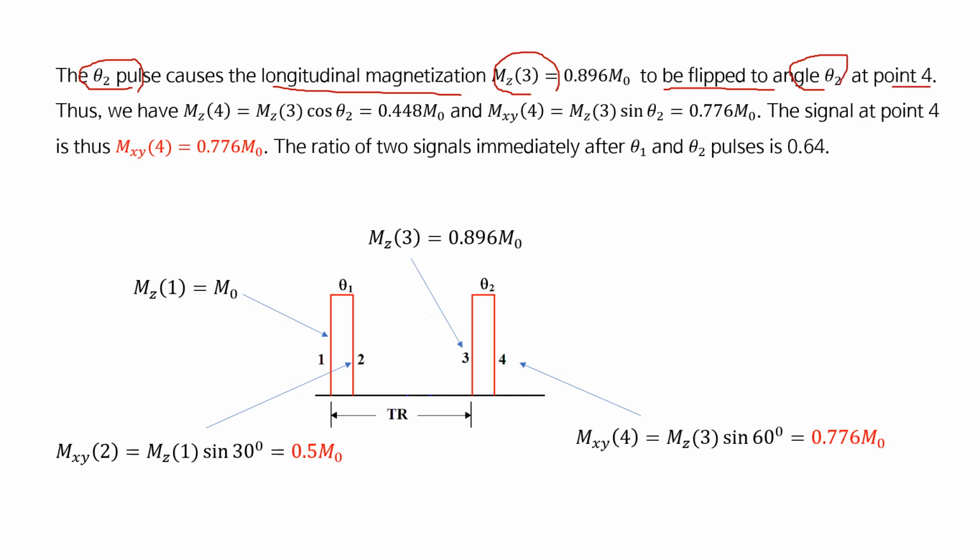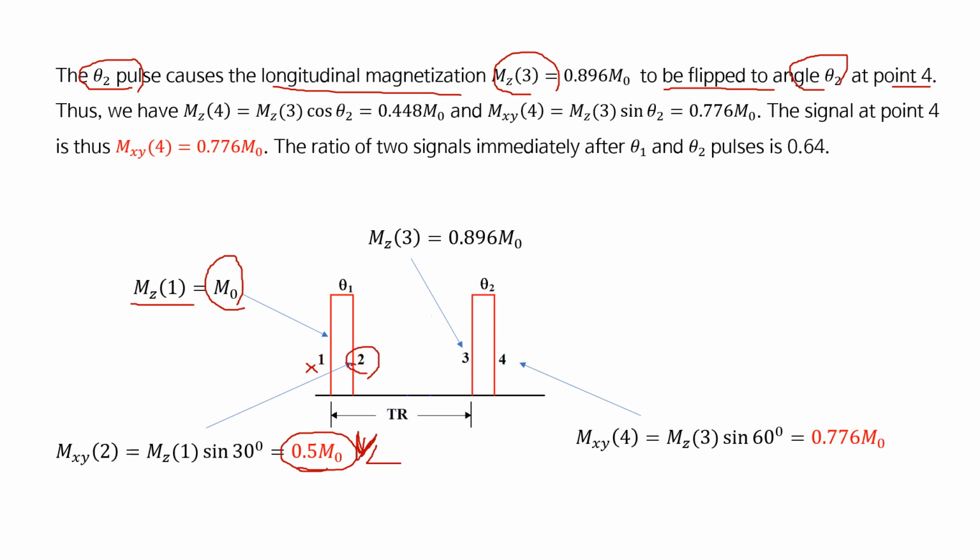So up to this point we obtained Mz1 equal to M0, and at this point Mxy2 is 0.5 M0. This is the signal intensity.